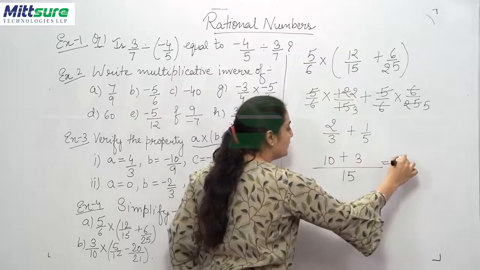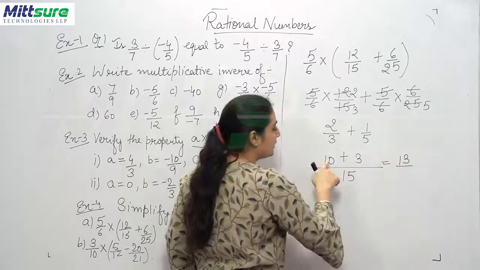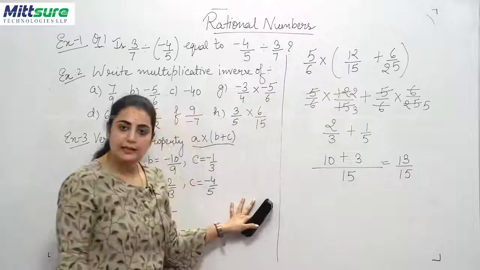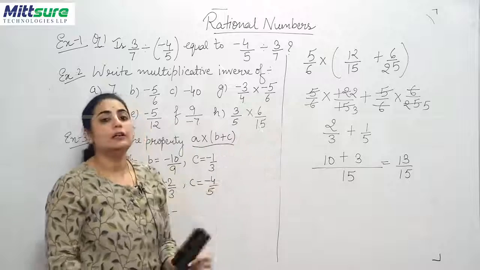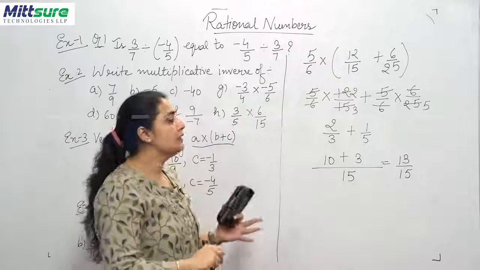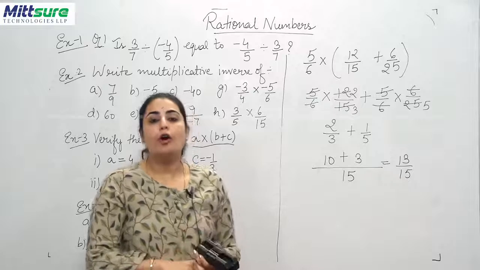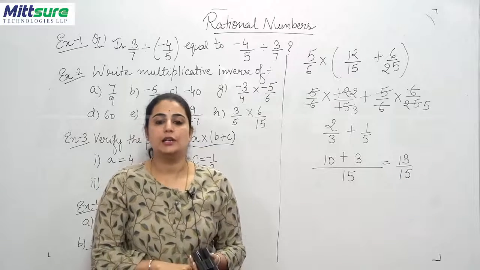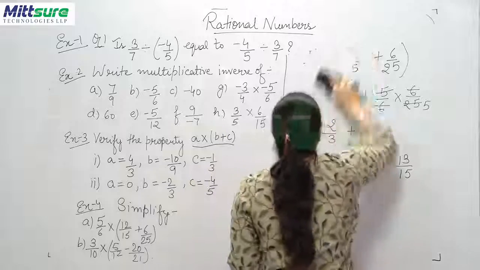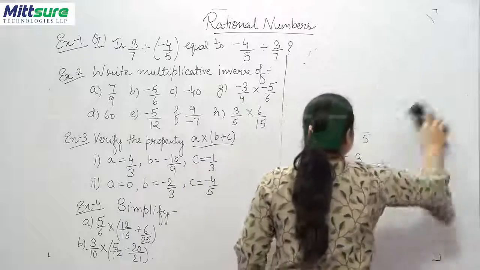So the sum of these two numbers comes to be 13 upon 15. Clear? So this is how the bigger calculations can be made easier using the distributive property of multiplication of rational numbers over addition. Now let's take one more example of the same.